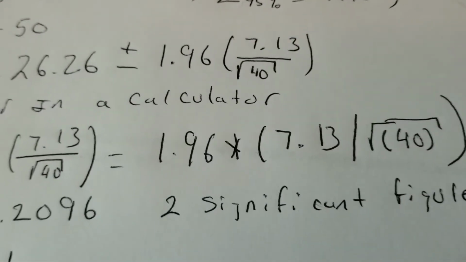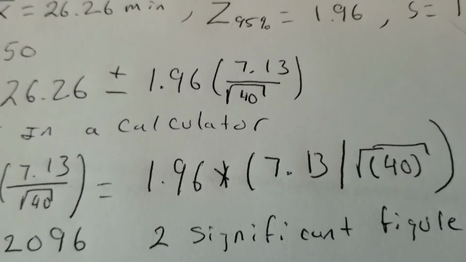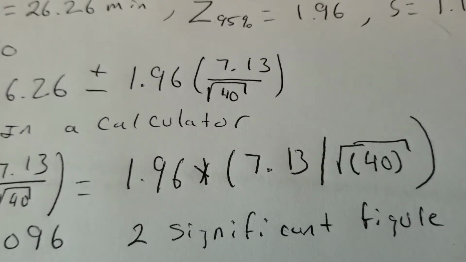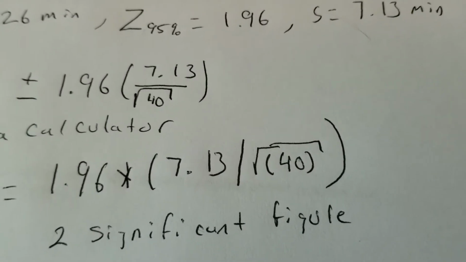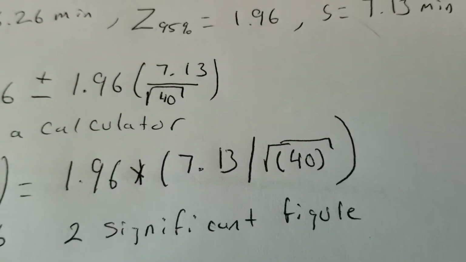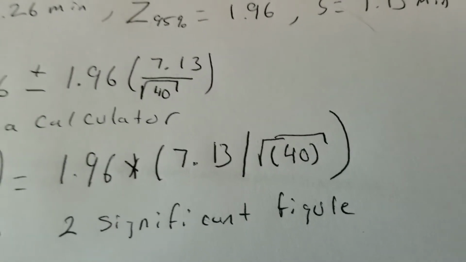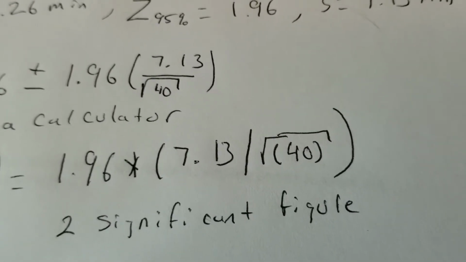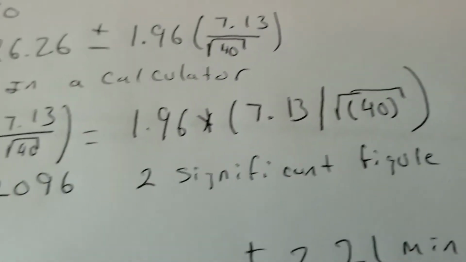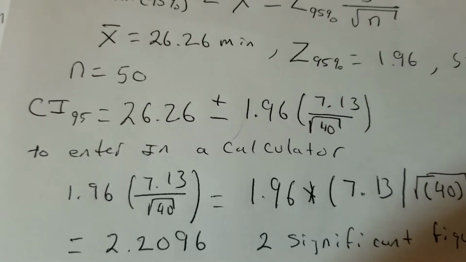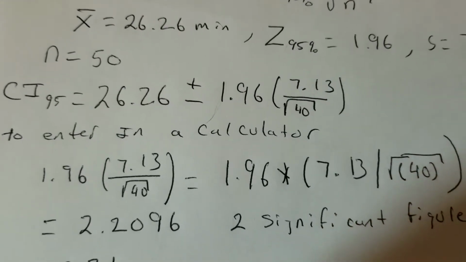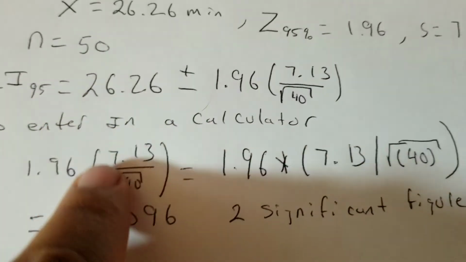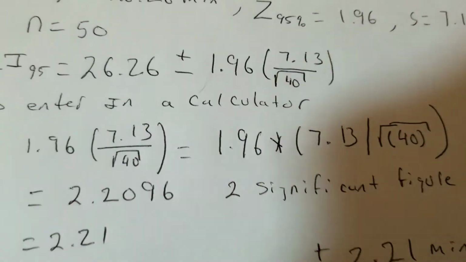Or you could write it like this: 1.96 star, that's usually the multiplication, 7.13 divided by the square root, and don't forget to close the parentheses, of 50 and close parentheses again. So here is an example of how to enter this in the calculator.